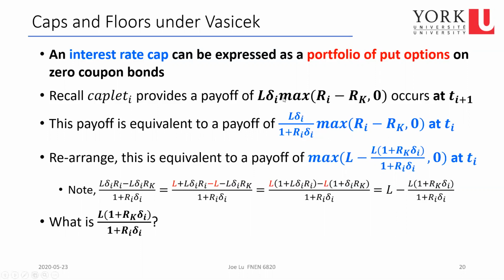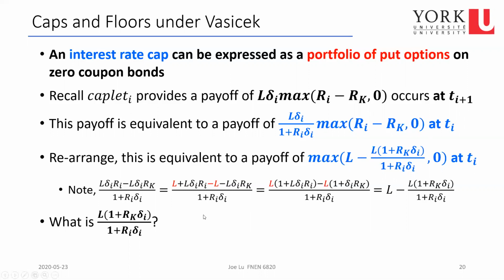So of this Ti+1 value at Ti, you get a present value as of Ti of this payoff, which is this thing here. And you can rearrange them to have something more meaningful. So you arrange them, you get a condition here by putting this inside the max function here.